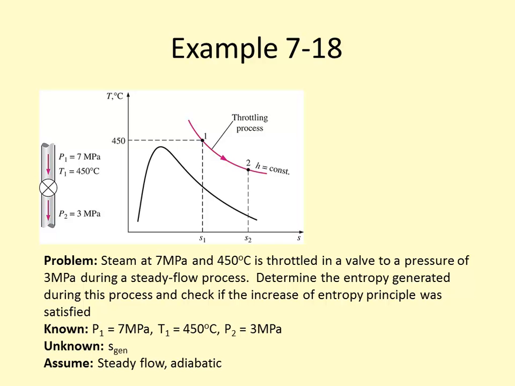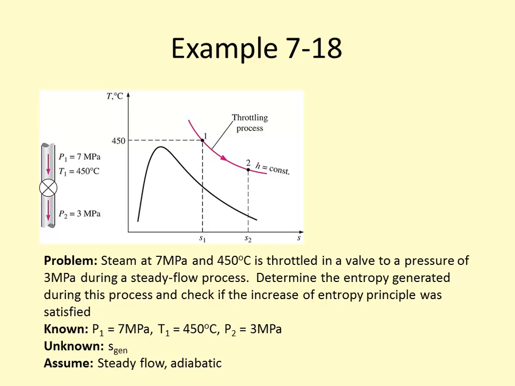Okay, so let's look at our equation. So S dot in minus S dot out plus S dot gen is equal to the change in entropy of our system over time. Okay, it's a steady flow throttling valve. So we know that this side of the equation is equal to 0.